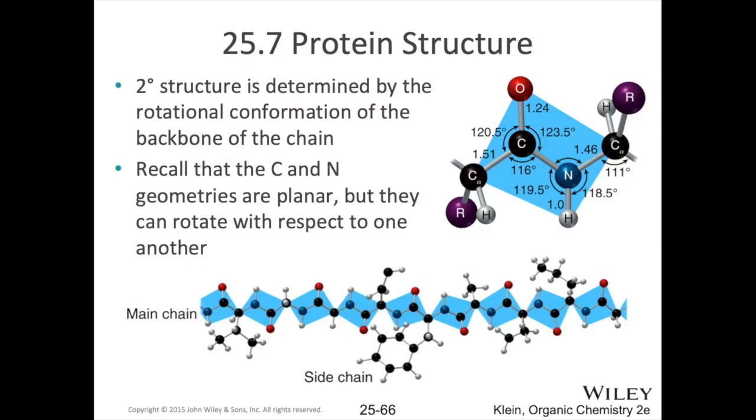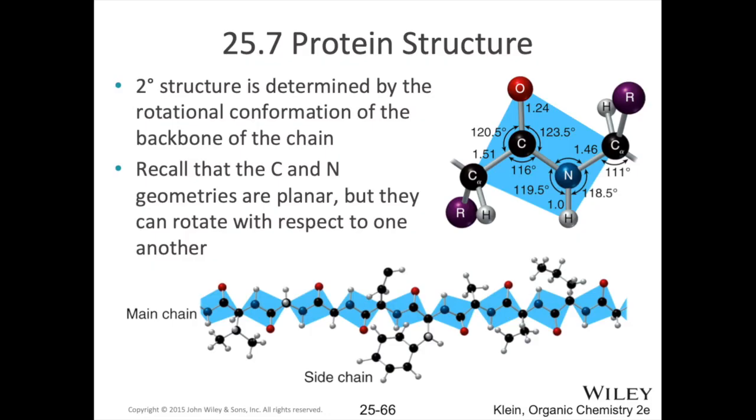The secondary structure has to do with the backbone of that chain. The carbon and nitrogen backbone that makes our chain has carbonyl and amine groups on it, and those can engage in hydrogen bonding. Based on how those are oriented, the backbone of our chain can link up with other similar chains, or even parts of the same chain.